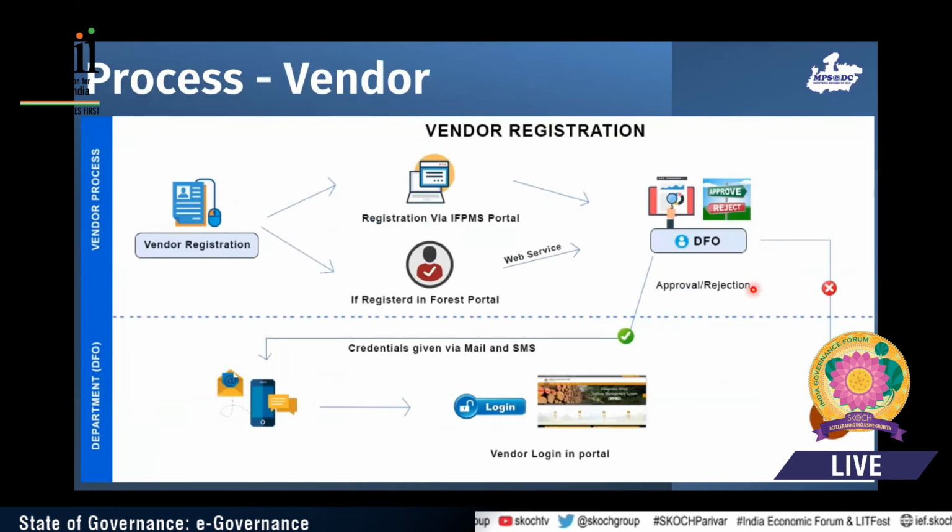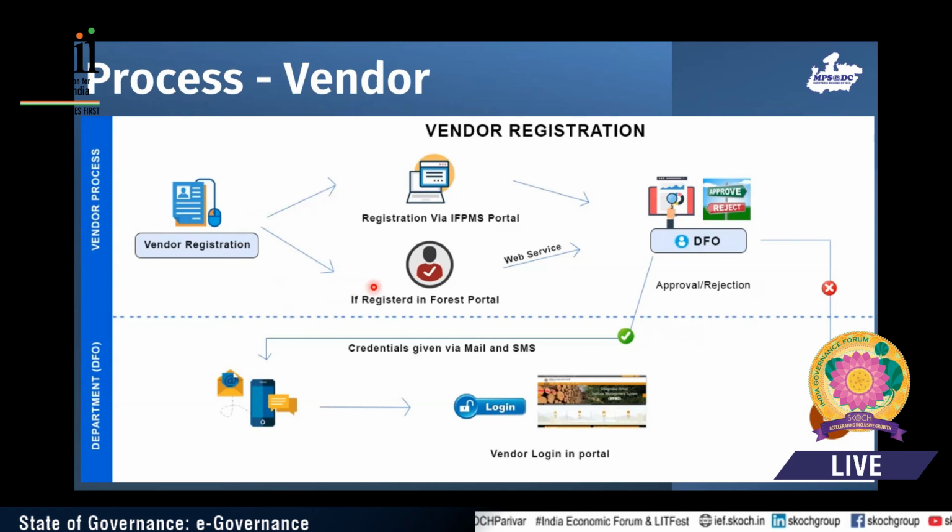Now coming to the vendor side, there are two ways we are allowing vendors to get onboarded on our portal. There is one registration module which is already there in the Forest Department. What we have done is we have taken one-time data from the Forest Department and migrated that data into our portal.